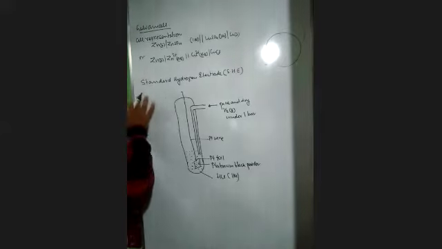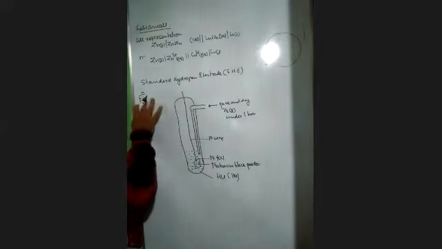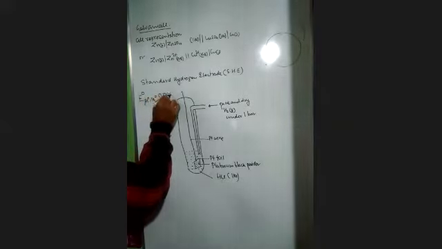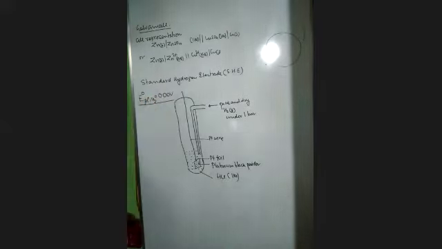The standard electrode potential of hydrogen, we write like this: E0 of H plus, H2. We consider it to be 0.00 that we have assumed. This is the value.